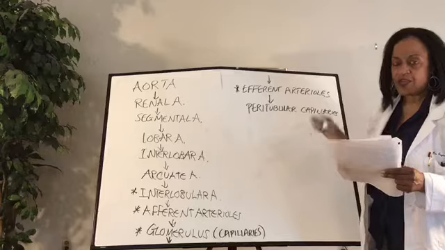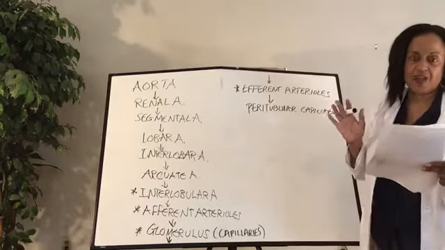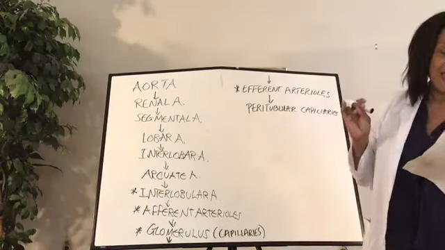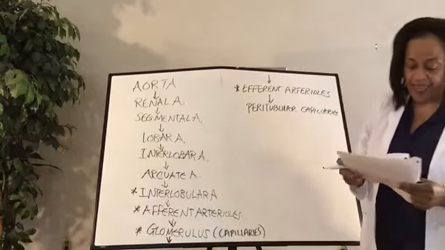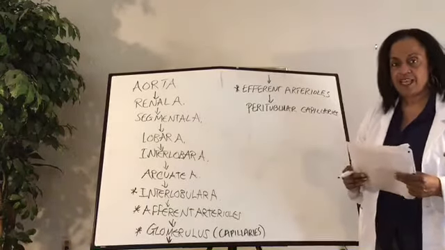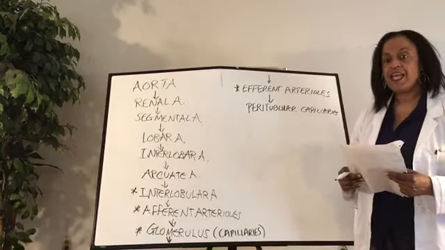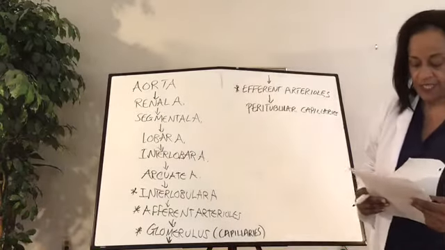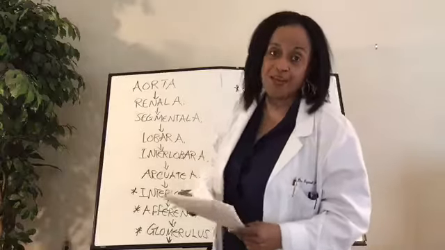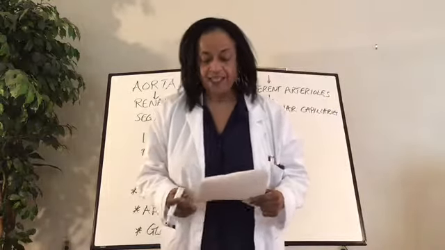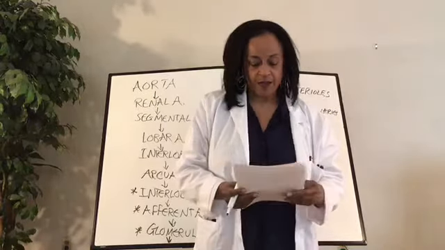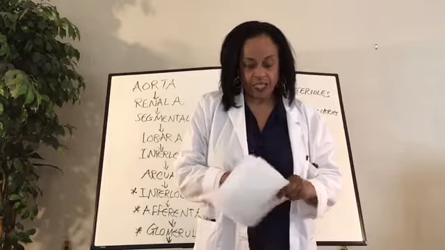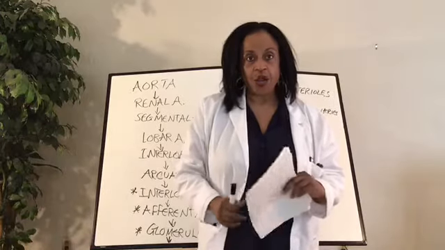Peritubular capillary goes to the intralobular veins, to the arcuate vein, to the interlobar vein, lobar vein, segmental vein, renal vein, and the inferior vena cava. So it'll just go backwards like that. So now we know how blood flows through the kidneys. Next time we'll lecture on how urine travels.